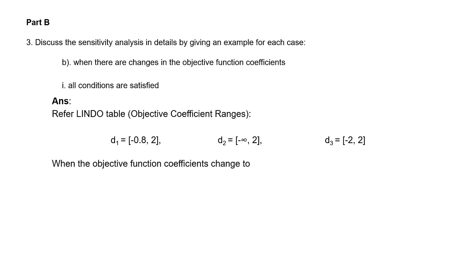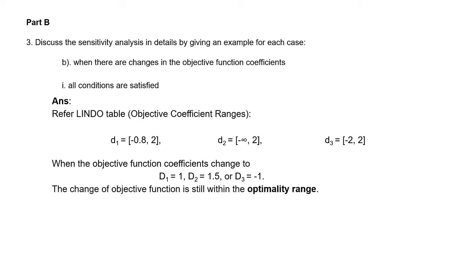Then when the objective function coefficient changes to d1, d2, or d3 at -1, the change of the objective function is still within the optimality range.